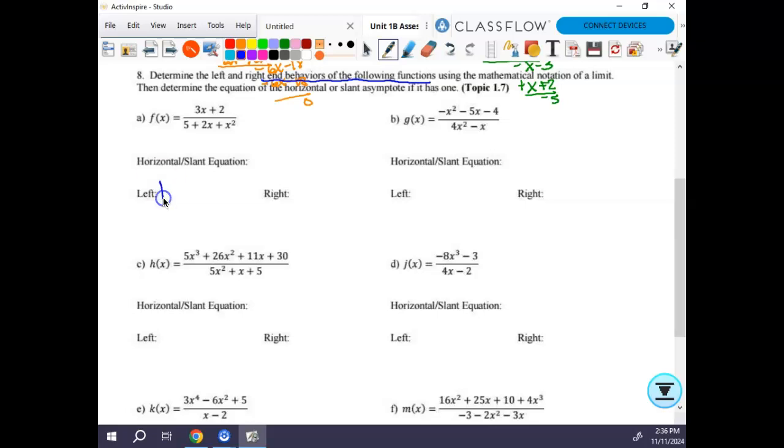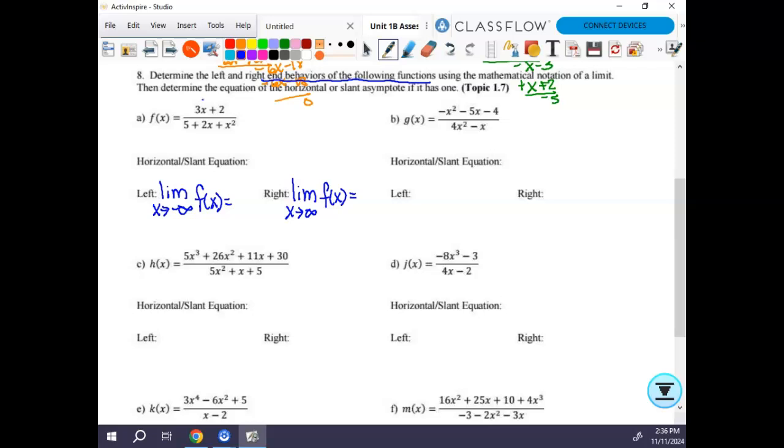So I know I can start off with the limit as x approaches negative infinity of f of x, and the limit as x approaches infinity of f of x. All right, so then I need to look at my function, and I need to see if it's top heavy, bottom heavy, or tied in degree.